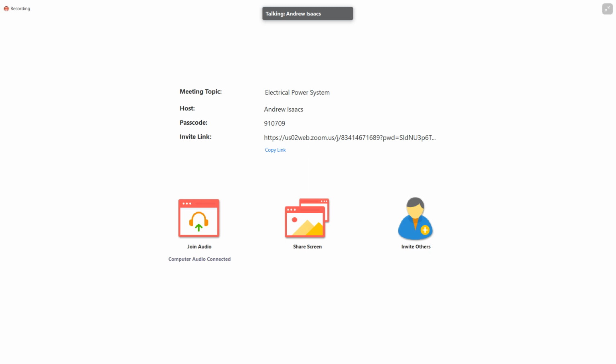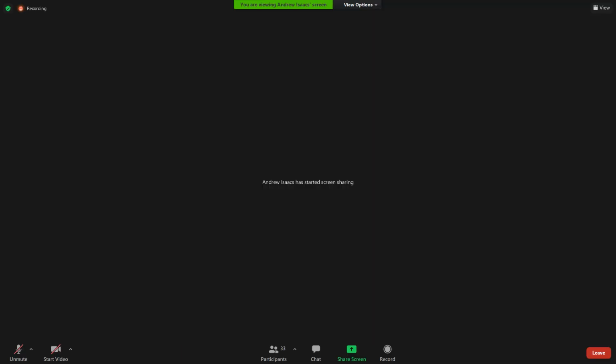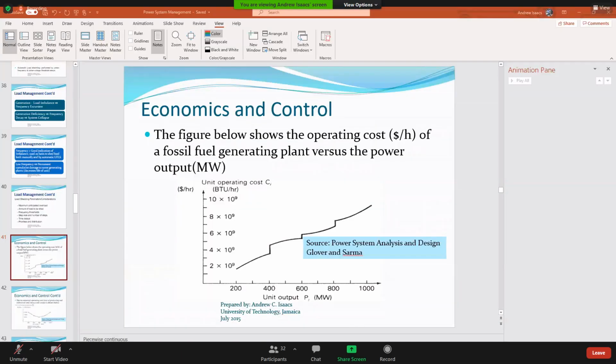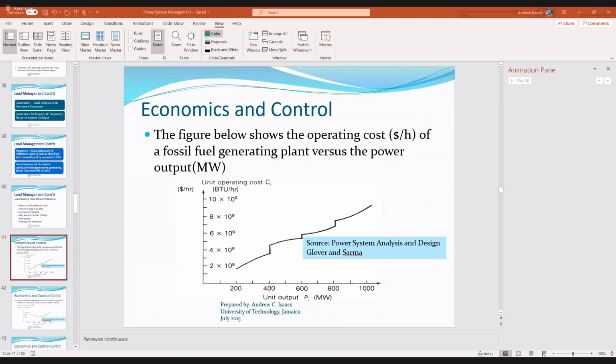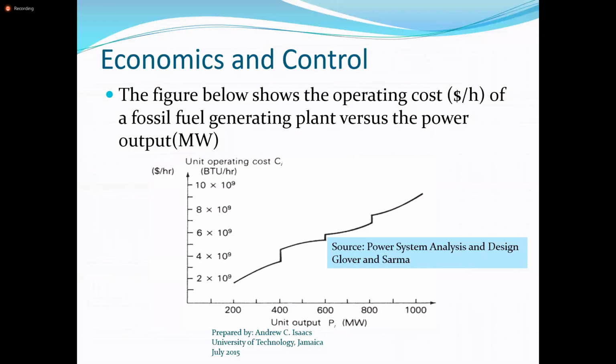Today, we're going to spend some time looking at economic dispatch, where we look more at the operation of the generating unit in determining the dispatch and how these units will go about taking on load.